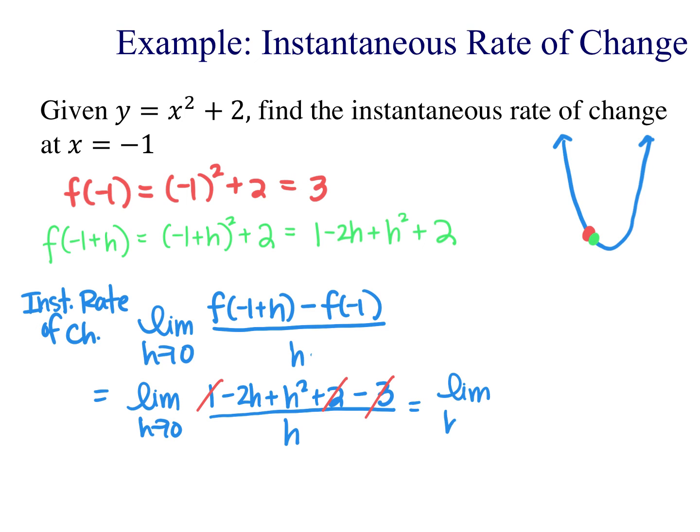Okay, so I can factor out an h, leaving me with negative 2 plus h in parentheses over h. Once I've factored out, then I can reduce, and I'll reduce my h's. Is there any other algebra to do? As soon as you're done with algebra, then you can drop the limit notation and put the value of 0 in, and the answer is negative 2.